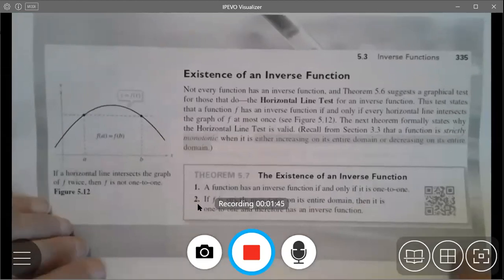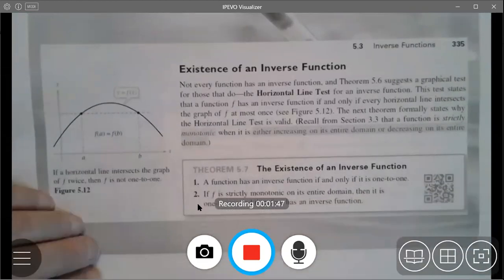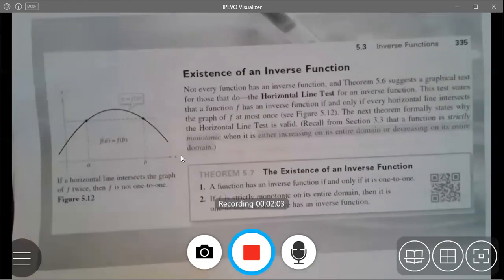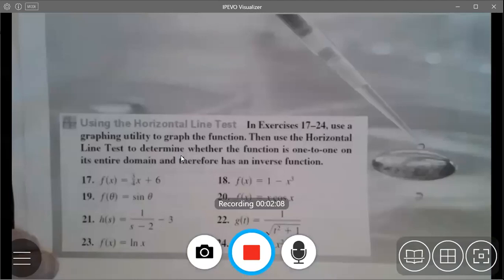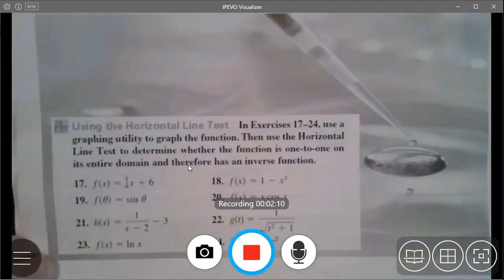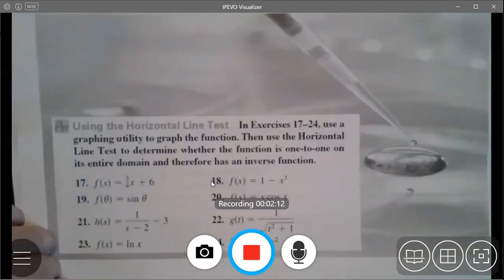If it's not, you can place restrictions on it to make it 1-to-1. We talked about monotonic, where the function is either increasing through the entire domain or decreasing through the entire domain. So a function would have to be monotonic in order for you to get an inverse function from it. If not, then you can't get the inverse. Using the horizontal line test, we looked at these functions as well.